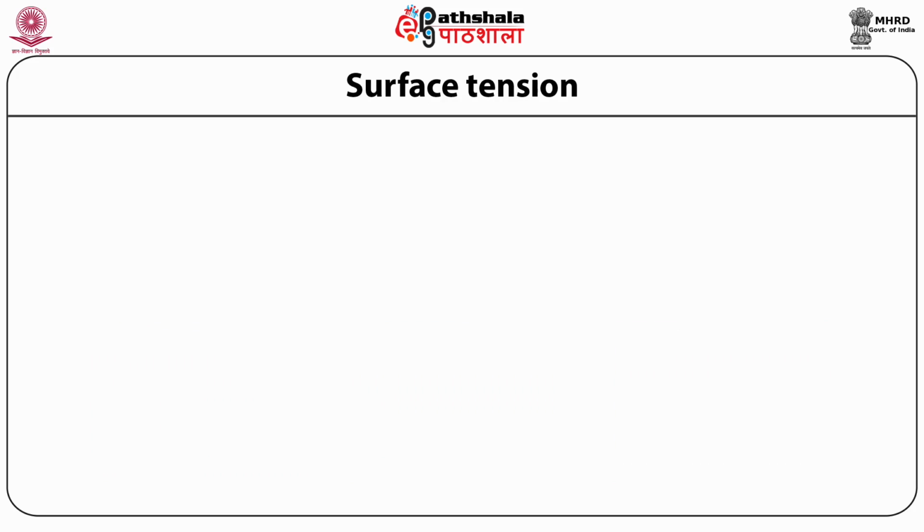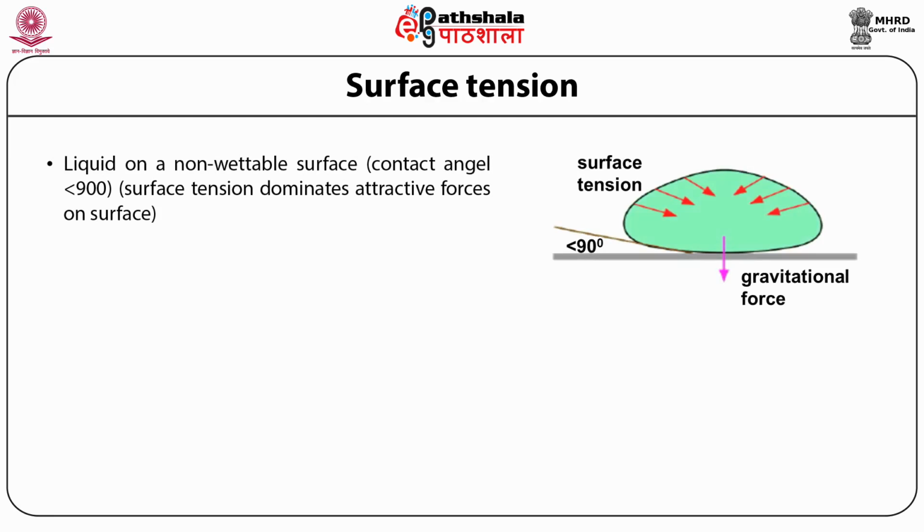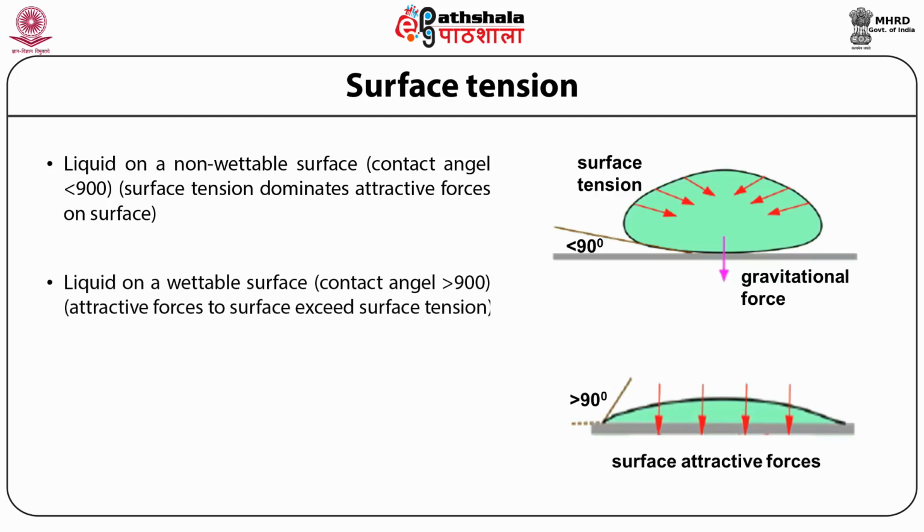So you will see water drops or you won't see them. It all depends on the contact angle between the liquid and the surface. For liquids on a non-wettable surface, the contact angle is larger than 90 degrees, and therefore the surface tension dominates the attractive forces on the surface. In the other case, for liquids on a wettable surface, the contact angle is going to be smaller than 90 degrees.